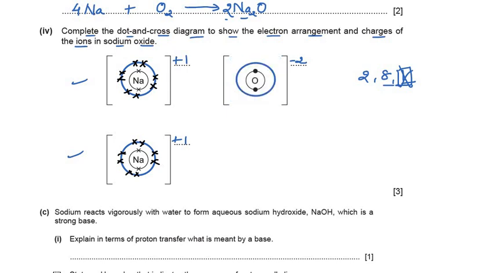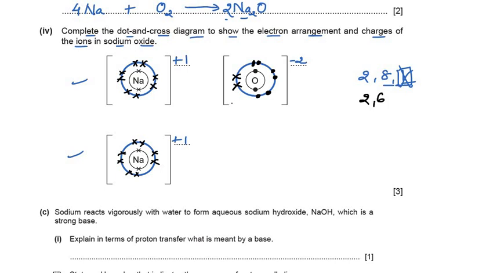Let me add electrons. Now in the oxygen atom, the electrons are represented with dots, and oxygen has 6 electrons in its outer shell, because the electronic structure of oxygen is 2 and 6. So it has 6 electrons of its own in the outer shell, but 2 more electrons from the sodium have been added, so I have to present those in the form of crosses.